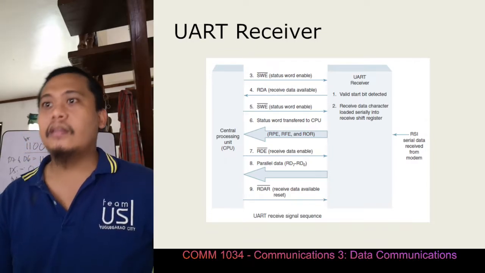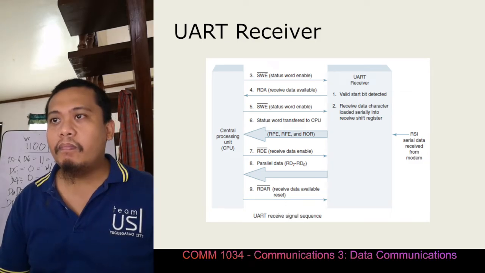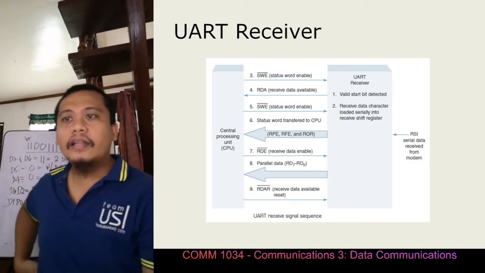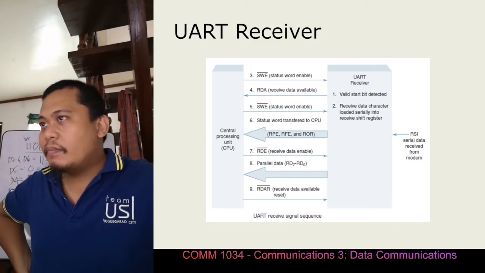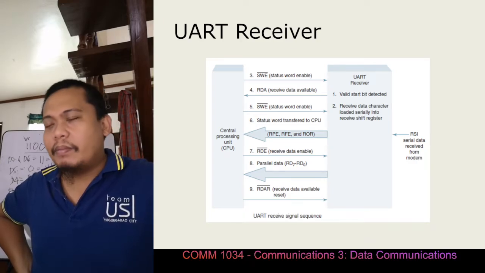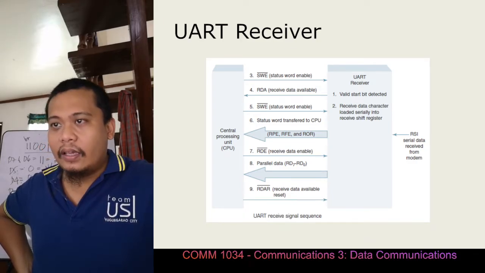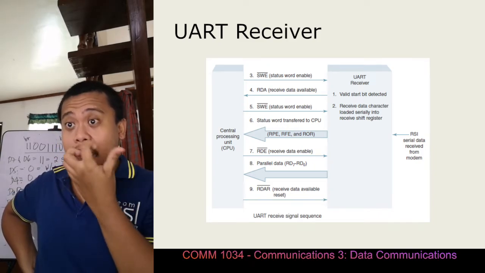Okay? Once na nangyari yun, talon ka na kagad ng 7 dyan. Okay? Sasabihin ng CPU mo, since sinabi ng UART, meron akong data na kailangan mo i-receive. Sabi ng Central Processing Unit, okay, receive data enable means na pwede siyang mag-receive ng data.